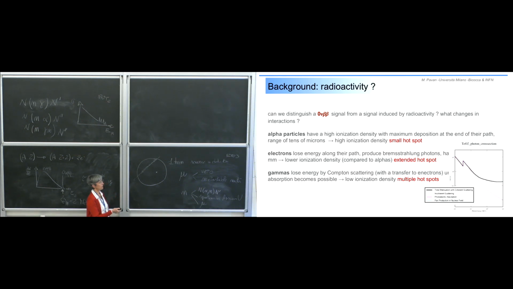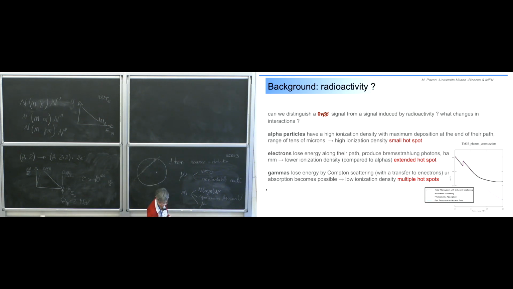In general, let's try to understand what changes between my signal that is due to 2 electrons and a signal produced by radioactivity. If I have alpha particles, they have a very, very small range, okay? And so they produce in my detector a very small hotspot that is even smaller than the one of double beta decay.